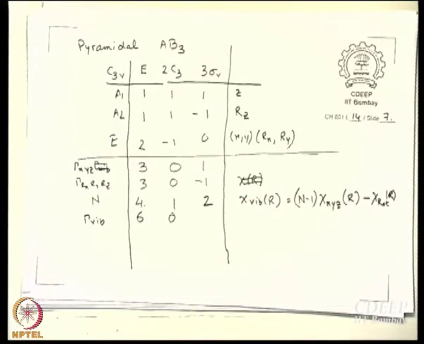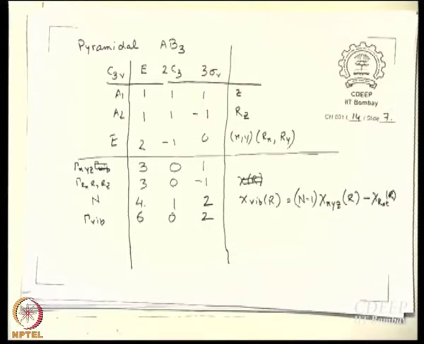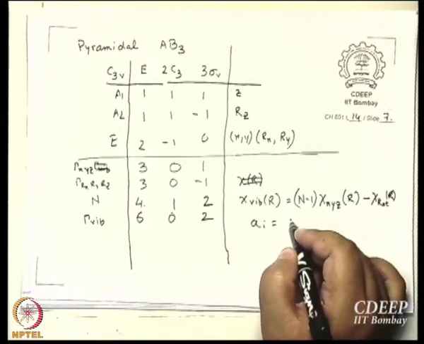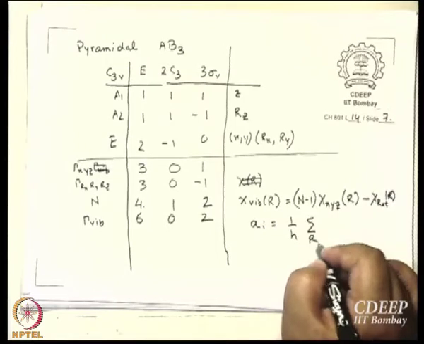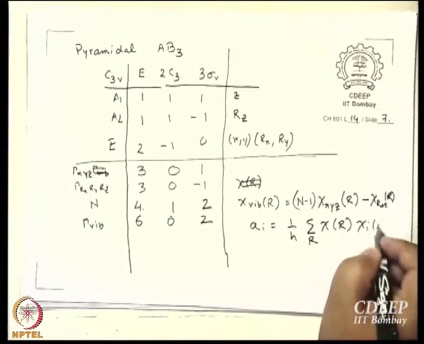So, 6, 0, 2. Can you now break it down using a_i equal to 1 by h, sum over R of chi of R times chi_i of R?